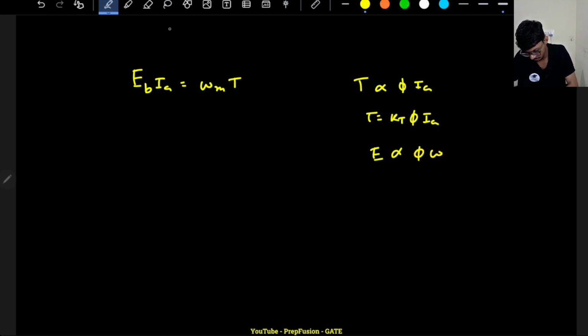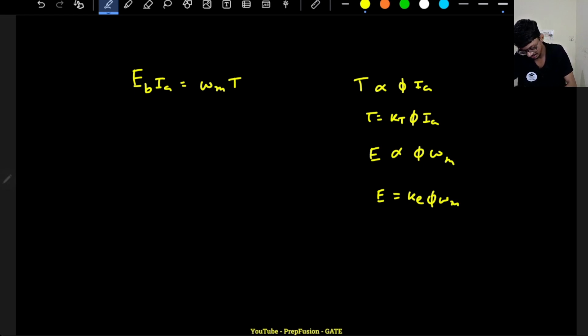So here what I can write is that my E, let's say, is equal to some Ke phi omega m, because E is phi ZNP by 60, so E will be proportional to phi omega m.